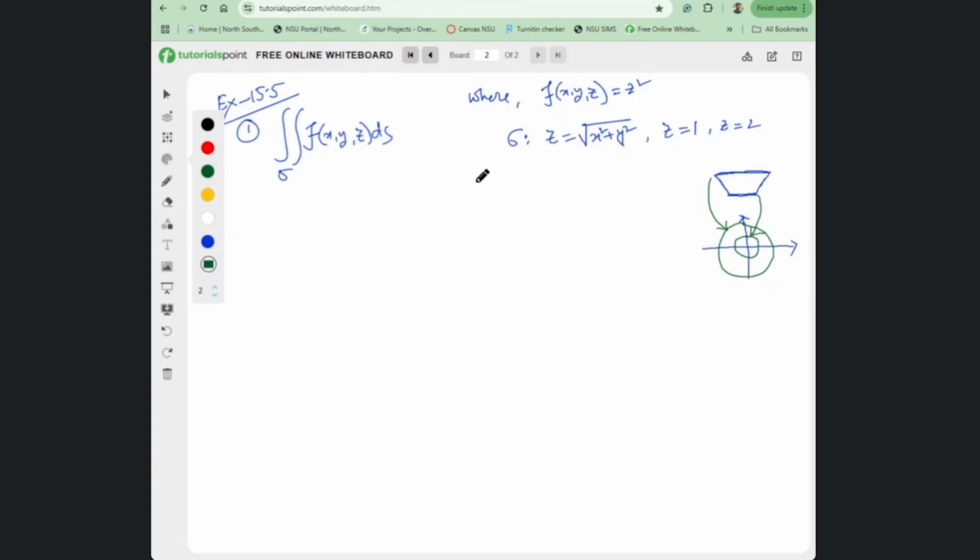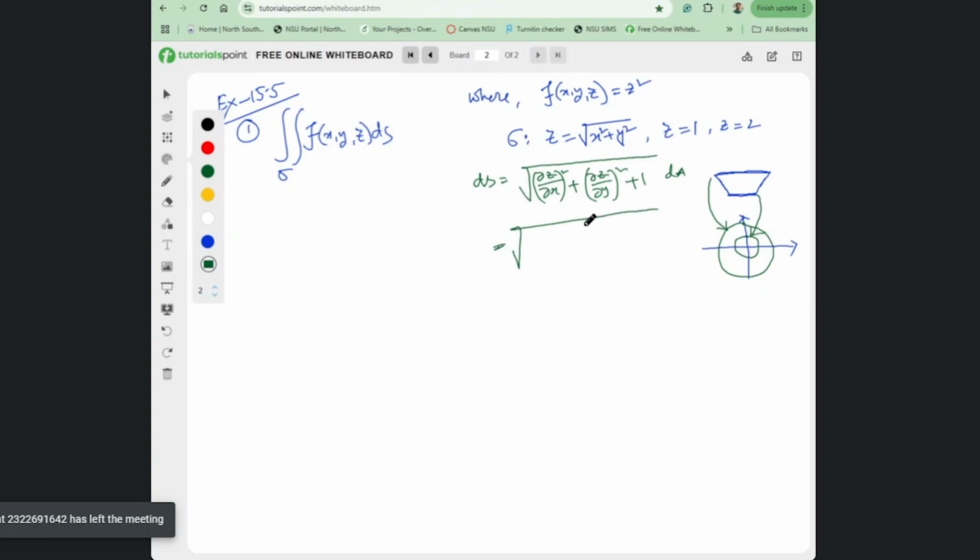Now ds, if we calculate ds here, ds will be square root of del z by del x square plus del z by del y square plus 1, into dA.